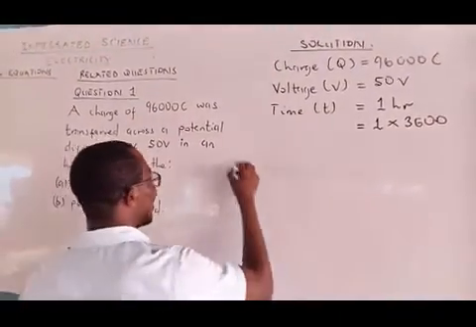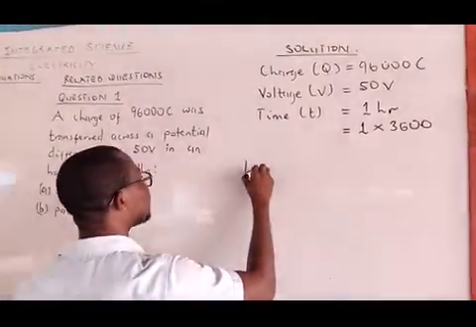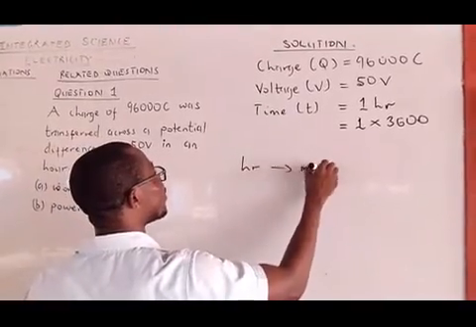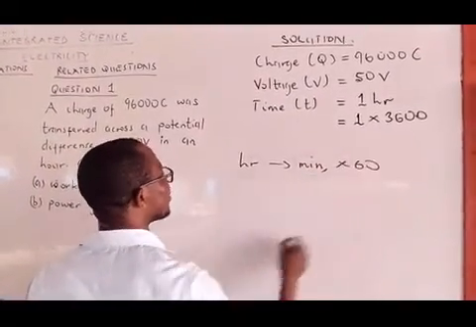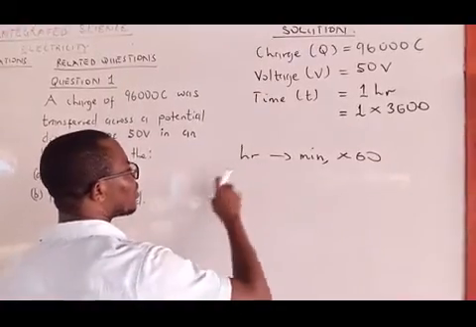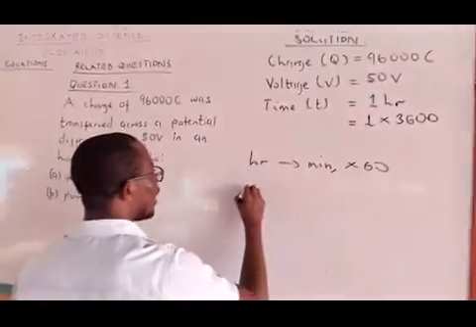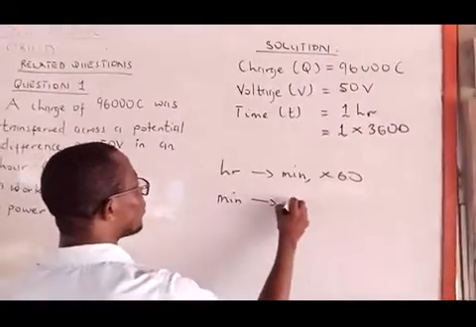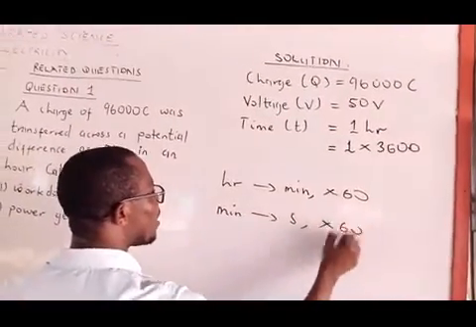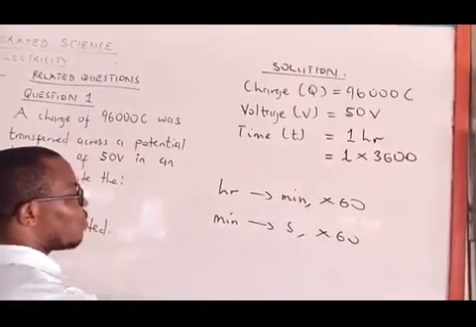Don't forget, if you're converting hour to minutes, you multiply by 60 because 60 minutes gives 1 hour. And if you're converting minute to seconds, we multiply by 60 because 60 seconds give 1 minute.